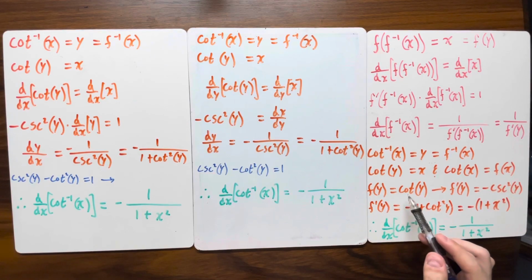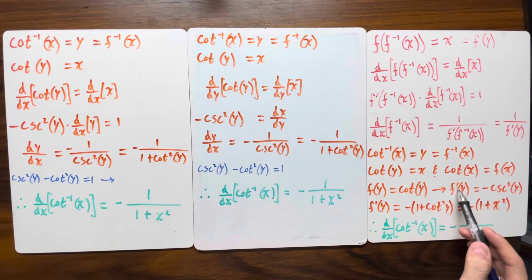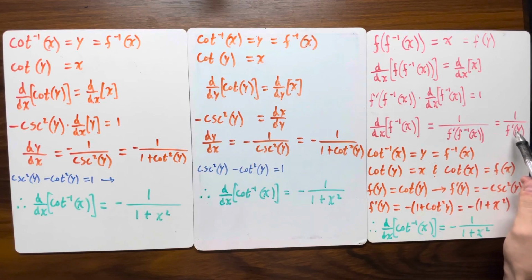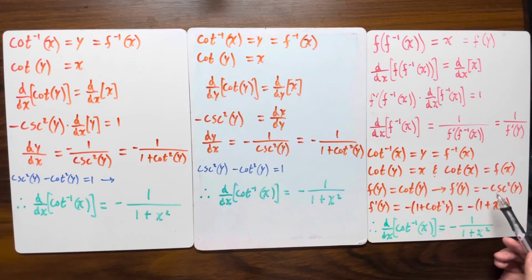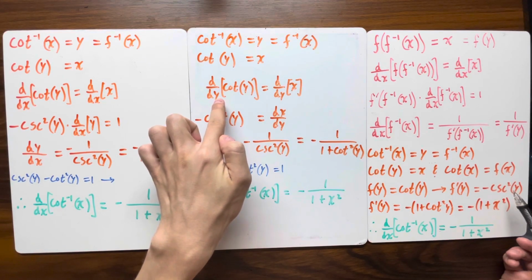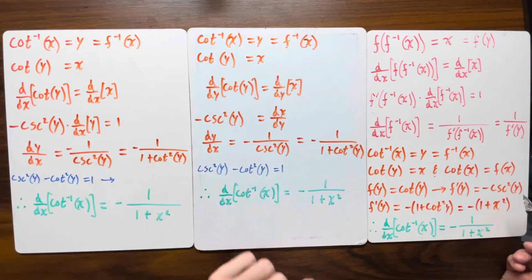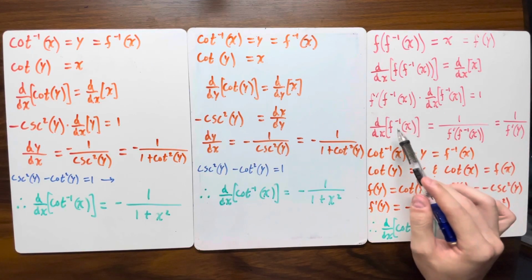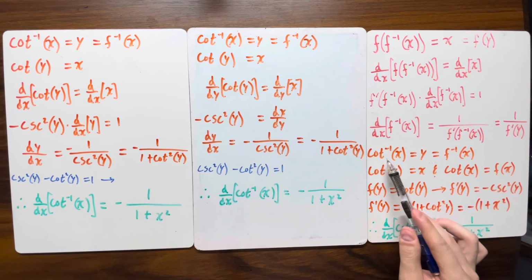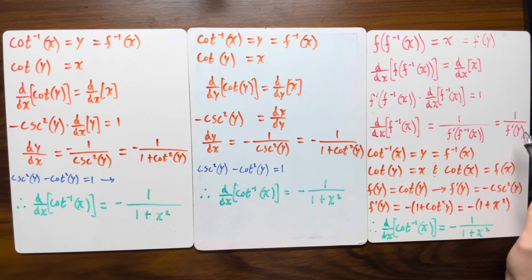So we can say f of y is equal to cotangent of y, and take the derivative of f of y, because the formula says that we need f prime of y. So f prime of y is equal to, well, what's the derivative of cotangent? Well, we know that that is negative cosecant squared of y. We figured out the derivative of cotangent over here as well, and over here. And now plugging it into the formula, the derivative of our inverse function, in other words, the derivative of our cotangent inverse of x, is equal to 1 divided by f prime of y.